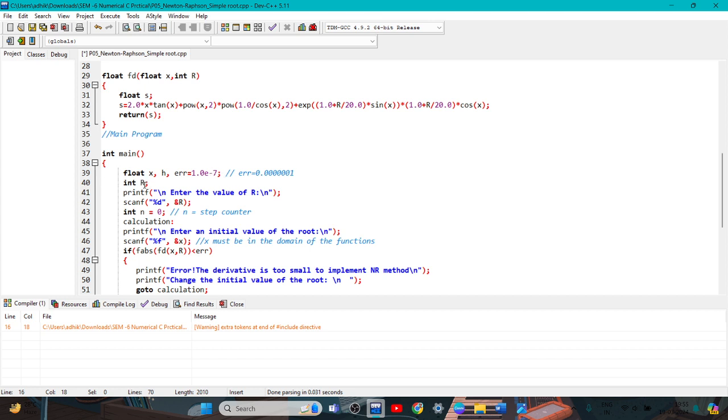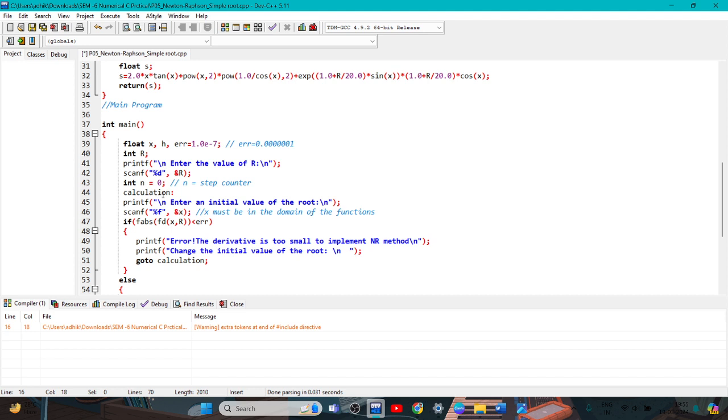Integer r is an integer type variable. First we printf, enter the value of r, and scanf the value of r, the last digit of your roll number. And n is the integer type variable, the step counter. Initially n equals 0.